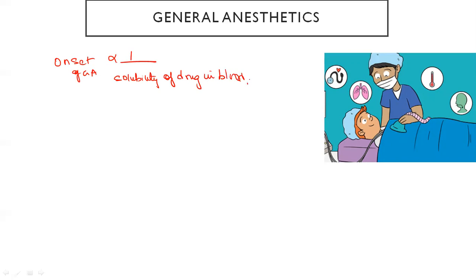In other words, these drugs leak out of the blood, so the less soluble agent will reach the critical stages in the brain faster. Just remember that onset of GA is inversely proportional to the solubility of the drug in the blood.